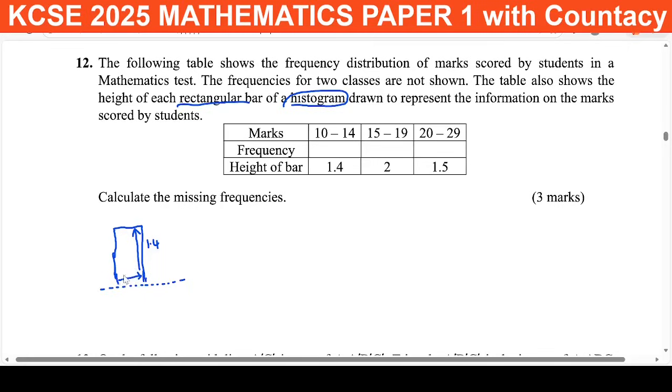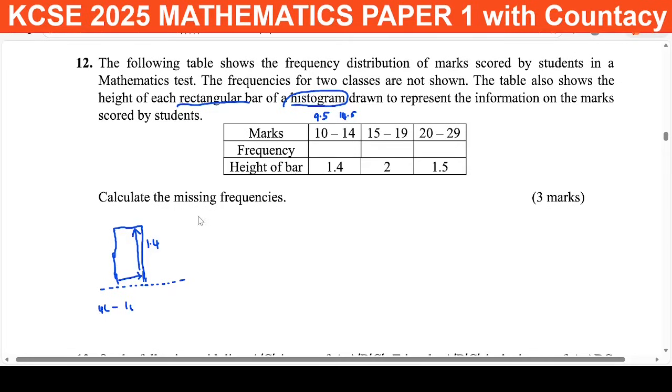The width of this bar, what we usually do is take the upper limit and subtract the lower limit for that particular class. For this one, the lower limit is 9.5, and the upper limit is 14.5.